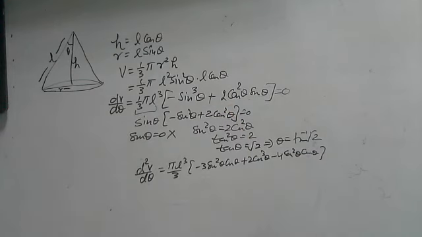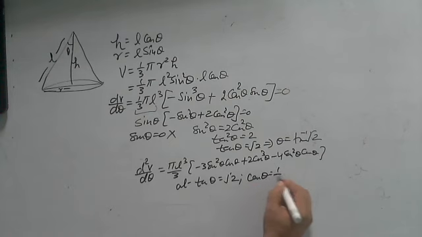And you have to find the value at tan theta is equal to root 2. When tan theta is root 2, you know what cos theta will be, I just told you: 1 upon root 3. What will sin theta be? You also know that.